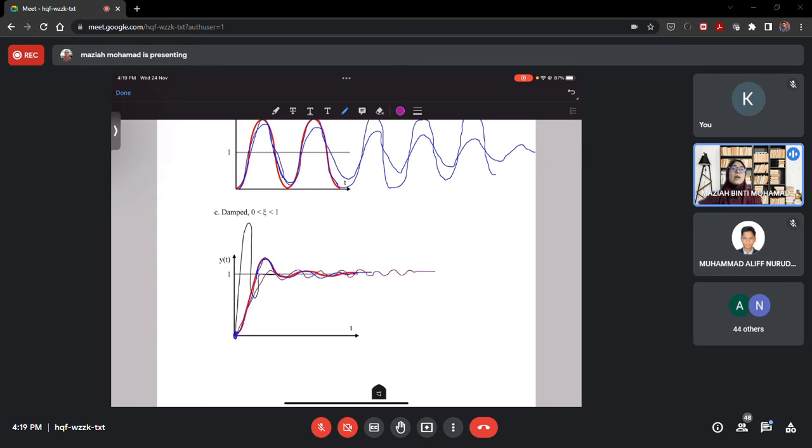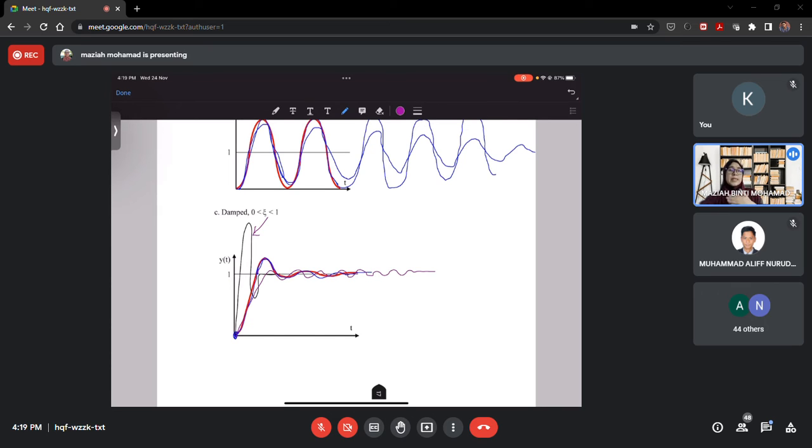It doesn't matter if the overshoot is higher, as long as we can settle to the final value faster.